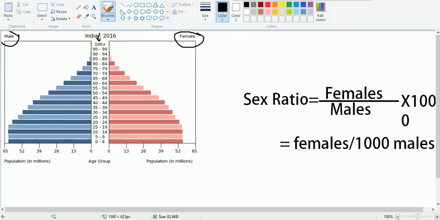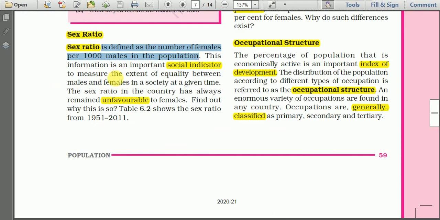First let us read the text. Sex ratio is an important social indicator to measure the extent of equality between males and females in a society at a given time.